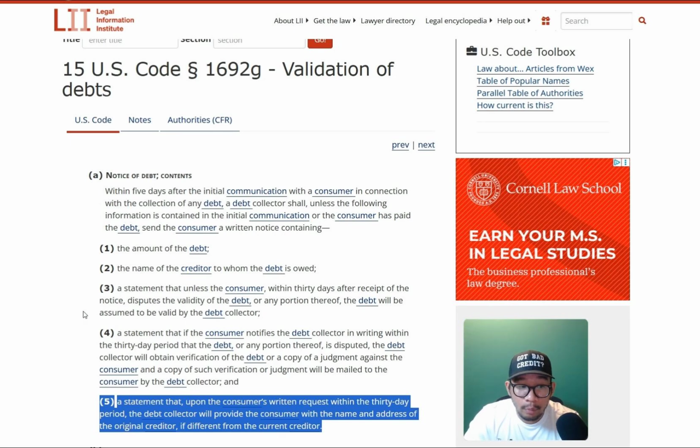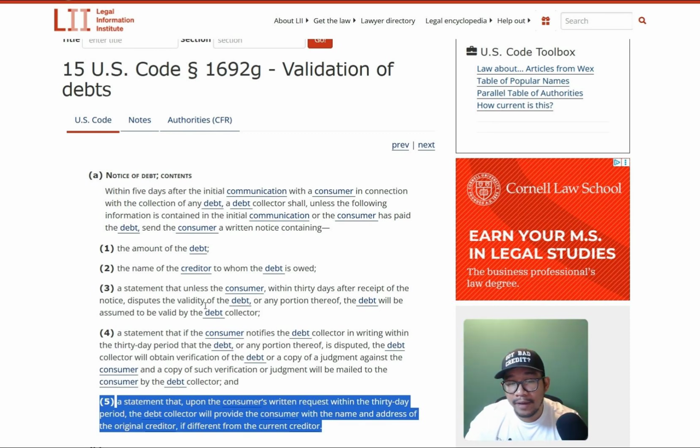So here's the important part. When a debt collector contacts you, don't just look at the balance. Check whether the notice is complete. Check the date. Check the creditor information and make sure your 30-day dispute rights were clearly explained.